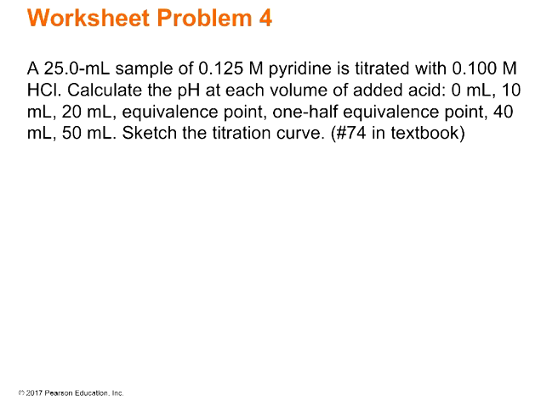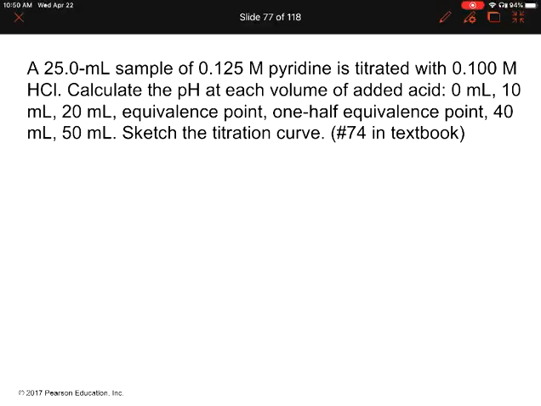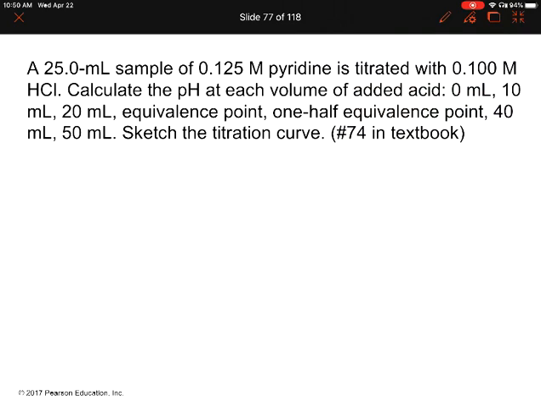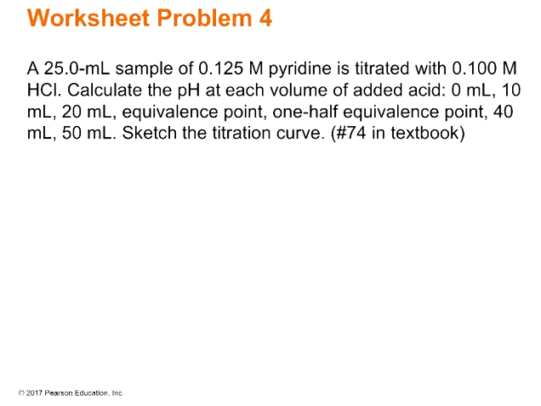So again, we're starting with the same amount of pyridine. Oh, let me change colors. And now we're assuming that we're adding 20 milliliters of hydrochloric acid. So let's determine how many moles of acid we're adding.